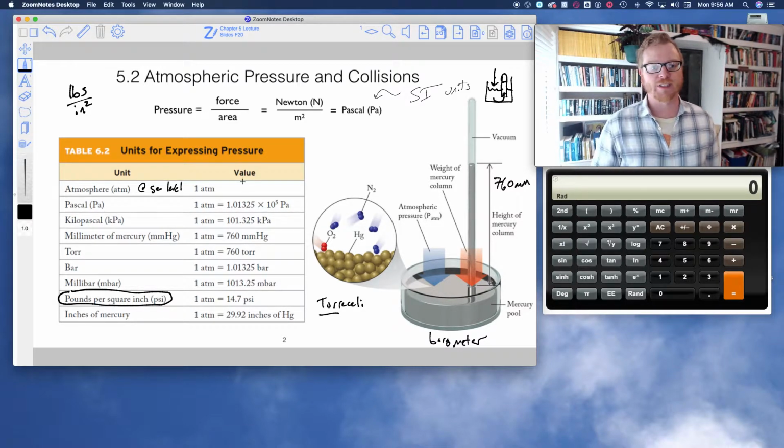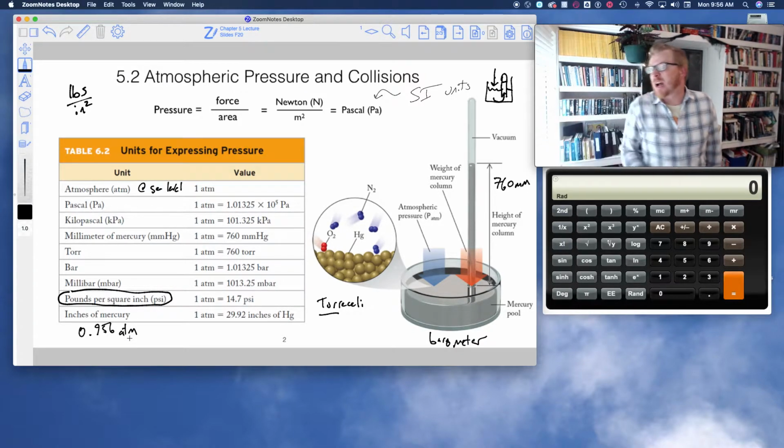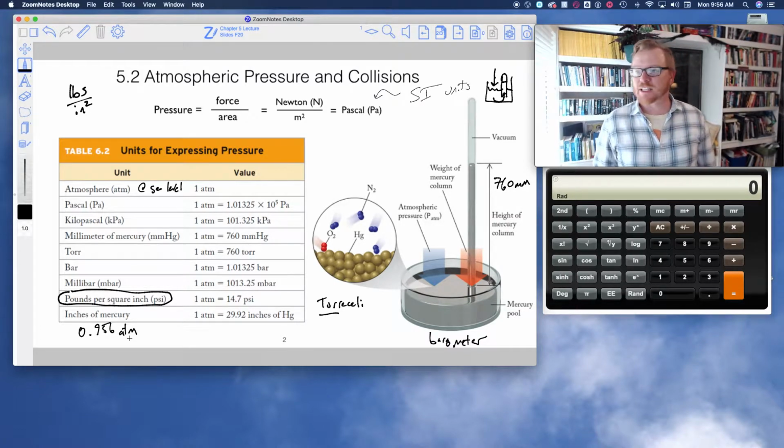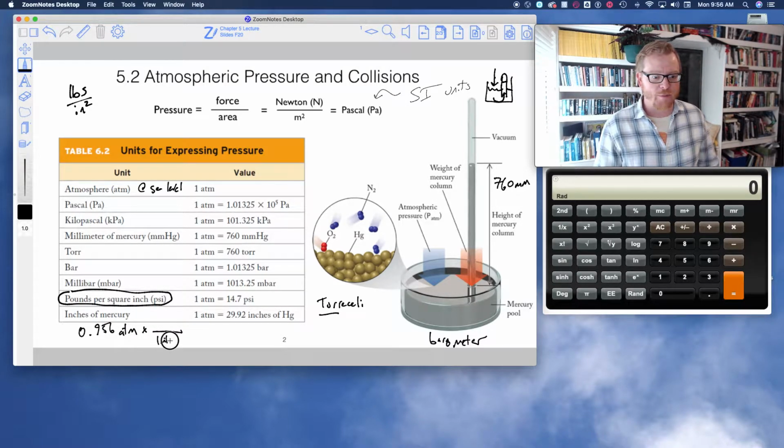For example, suppose on one day we find that it's 0.956 atm. Let's say there's a low pressure system out there, there's a storm, and we see that it's 0.956 atmospheres. How many torr would that be? Well, we can do the same thing where I apply my dimensional analysis skills, and I know from this chart, 1 atmosphere is 760 torr.